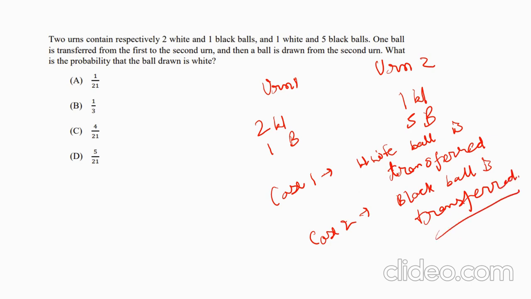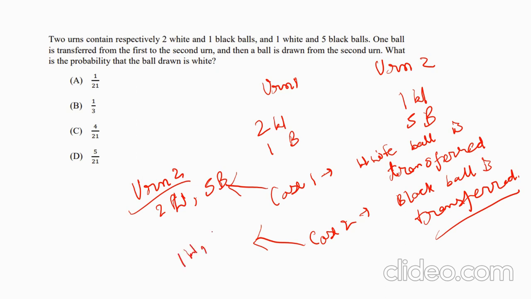In case 1, if we have transferred a white ball, then in urn 2 we will have 2 white balls and 5 black balls. However, in the second case, since a black ball is transferred, we will have 1 white ball and 6 black. Is it clear?